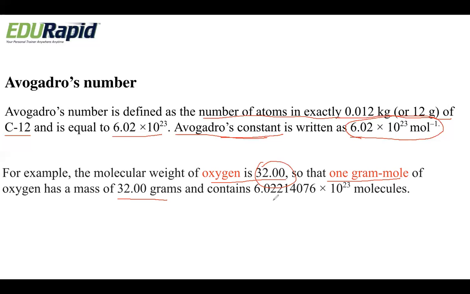In other words, 1 gram mole of oxygen contains 6.023 × 10^23 molecules. So we learned that the mole is a standard used to measure, and Avogadro has given his constant. Instead of using the mole, we can say that it consists of 6.023 × 10^23 molecules.